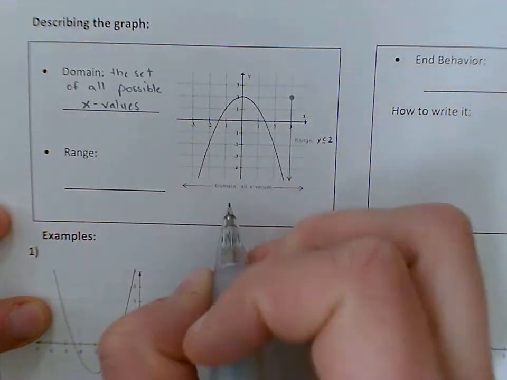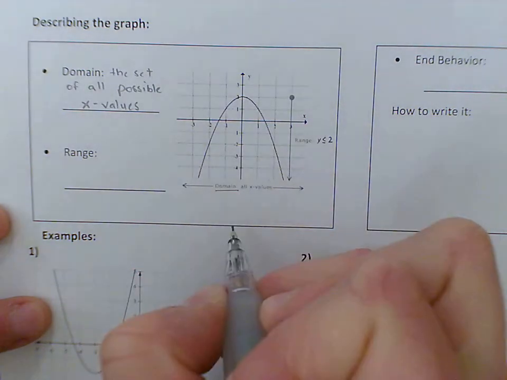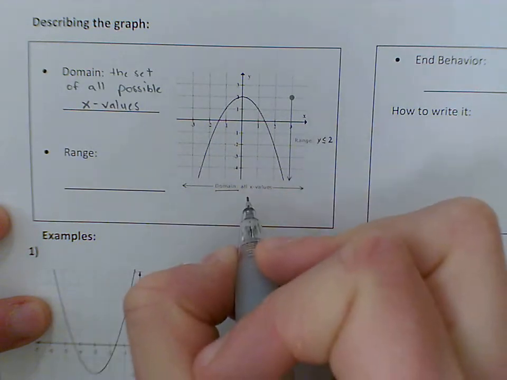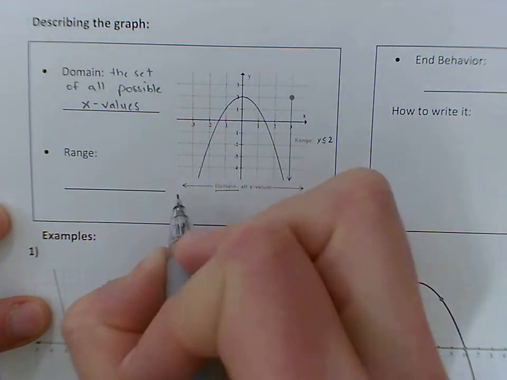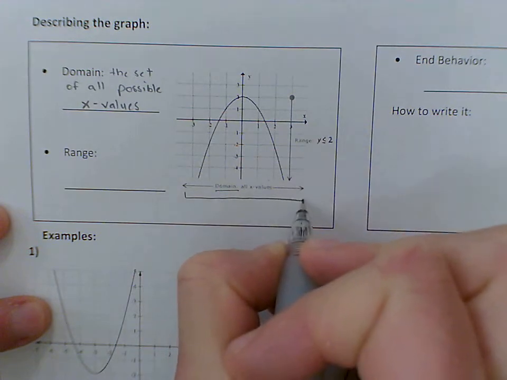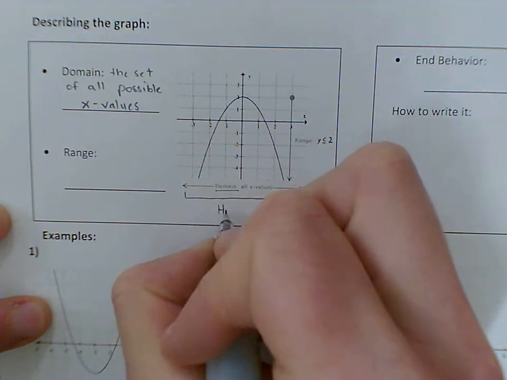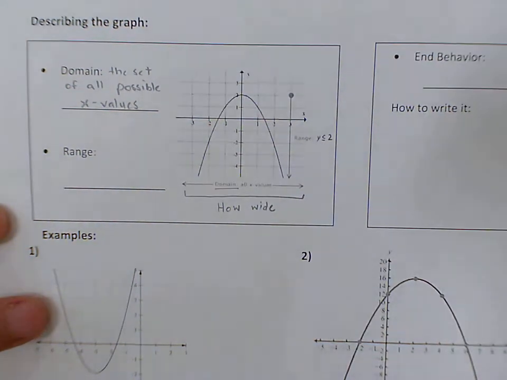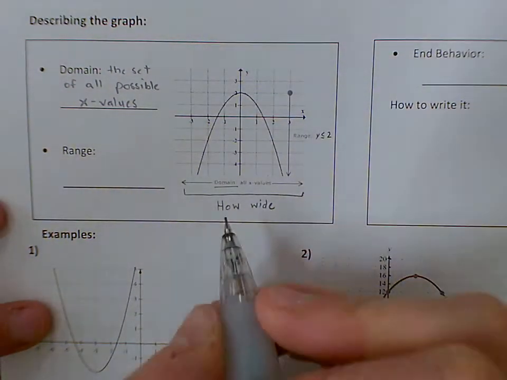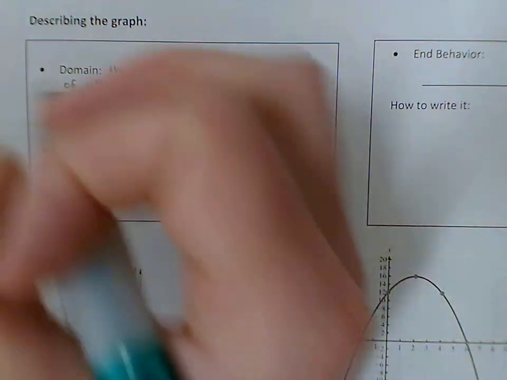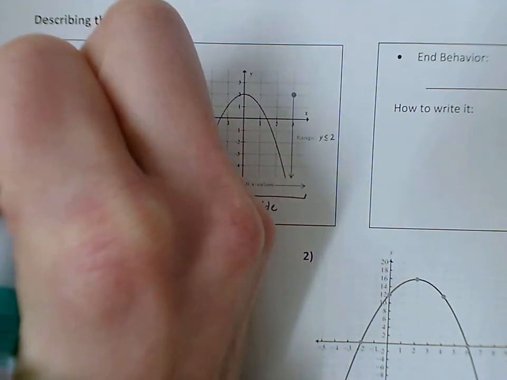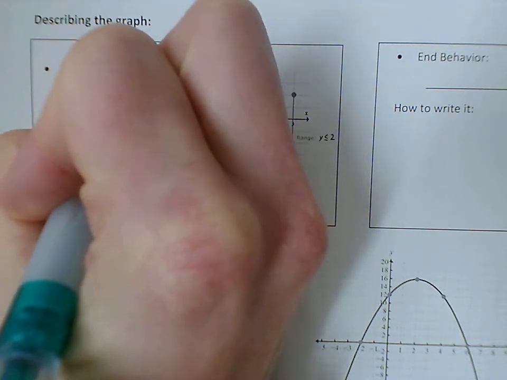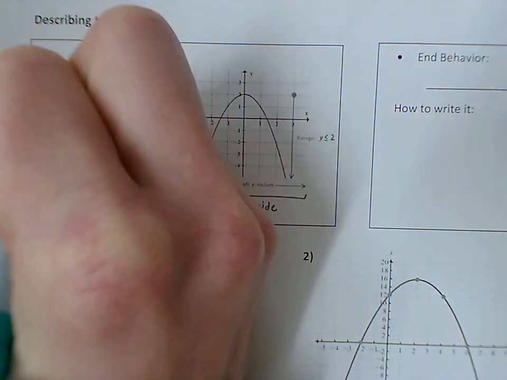So with domain, you're looking at how far left the graph goes and how far right it goes. You can think about how wide it goes, or how far left and how far right it goes. So I'll write that over here: how far left, and then how far right.